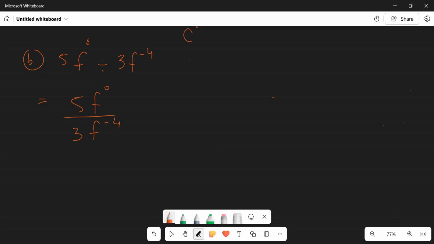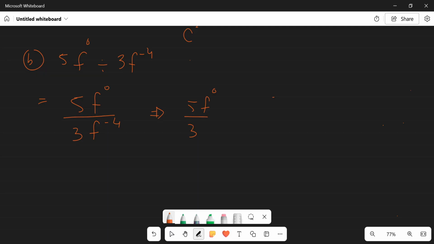Now, as you know the rule here, 5 and 3 we cannot simplify further. This minus 4, I need it positive. So when you shift it to the numerator side, we take f common, with the power 0 there. Then the minus 4 will go to the top position.